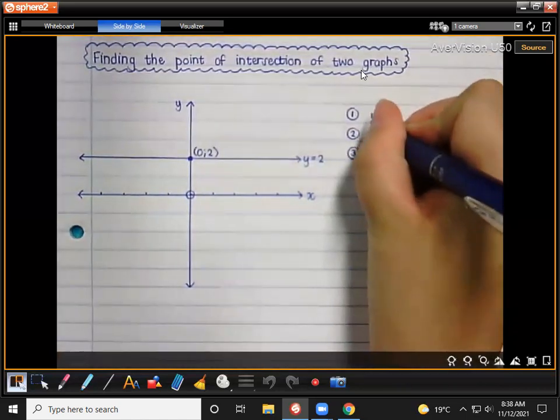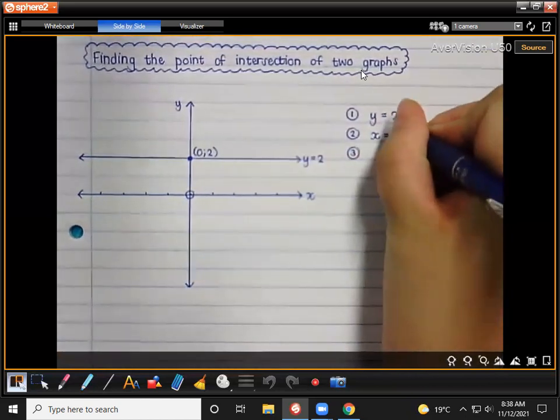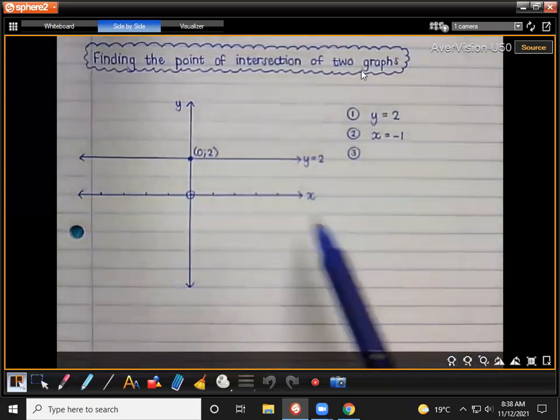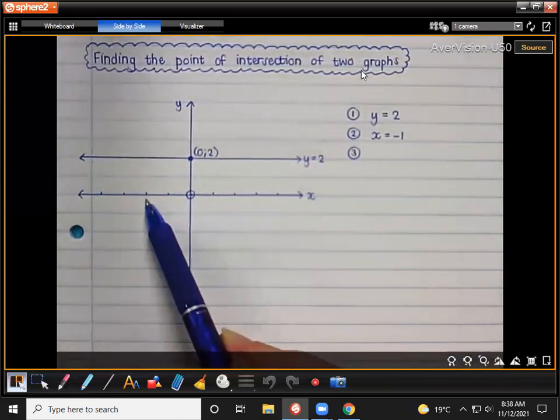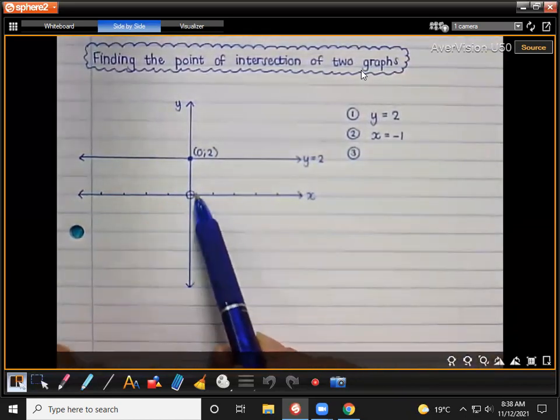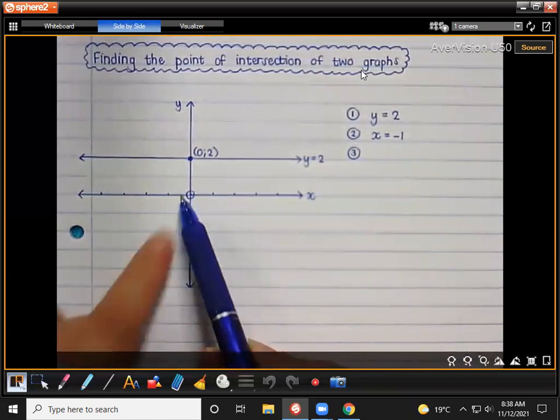The second line that I'm going to draw is x equals -1. Now we remember that if it's an x equals a number, it's going to cut the x-axis at that number, right? So -1, it's going to cut the x-axis. Here we have 0. That will be -1.